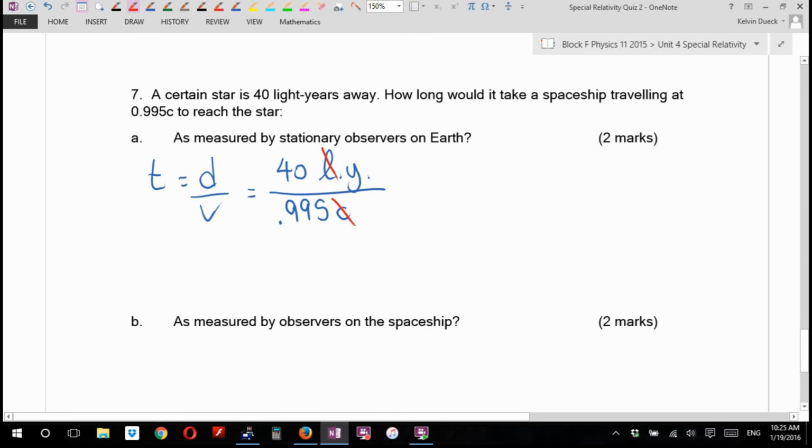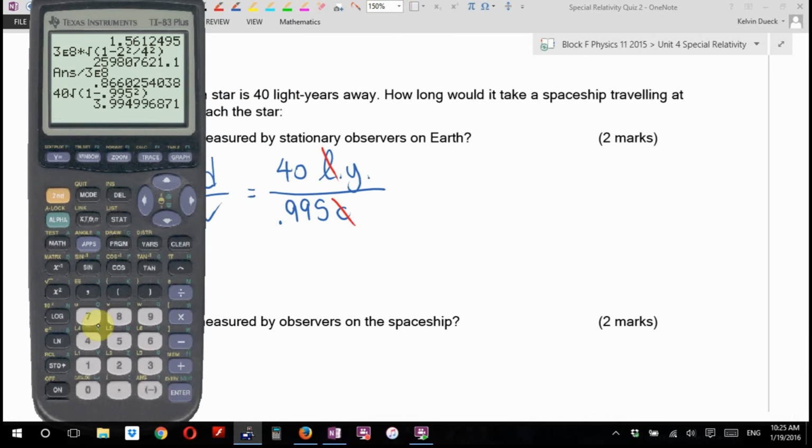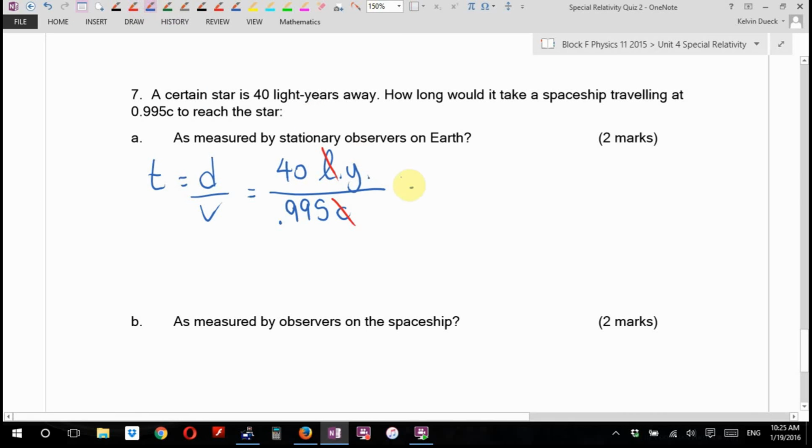You end up with an answer in years. It's going to be just a little longer than 40 years because they're almost going the speed of light. 40.2 years as far as Earth is concerned. One mark, half mark, half mark.